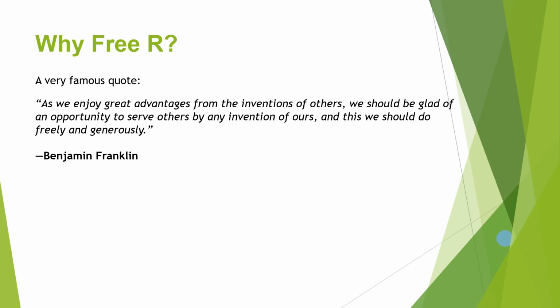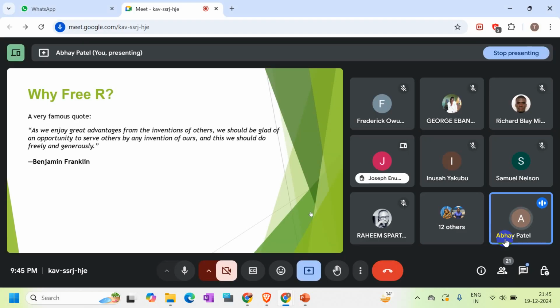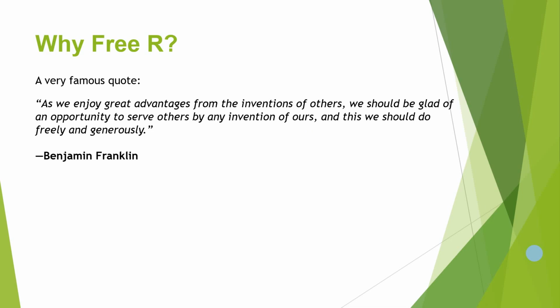For example, if you sow a tree, someone will take the fruit from it. If you took fruit from someone else's tree, you need to plant a tree again so that anyone can also benefit from your tree. This is the general meaning of open source, or free things: you definitely enjoy the things developed by someone else.